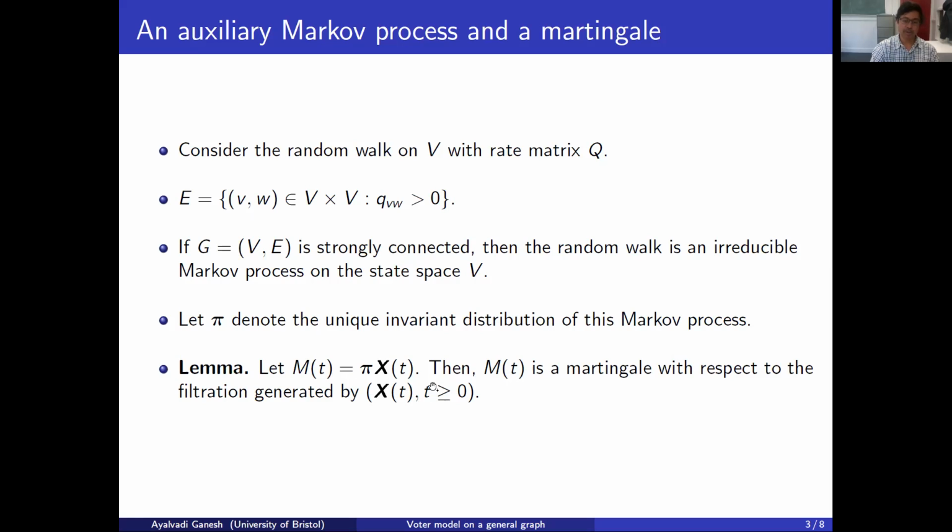It's close to 0. In terms of the definition, we want to show that the change in expectation of m_t over finite-sized intervals conditional on the past is 0. And the way we are going to show that is by showing that over infinitesimal intervals, it's essentially 0. It's little o of delta.